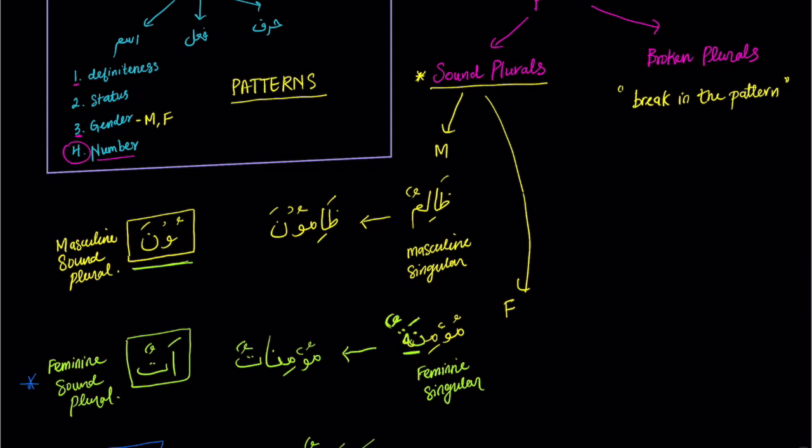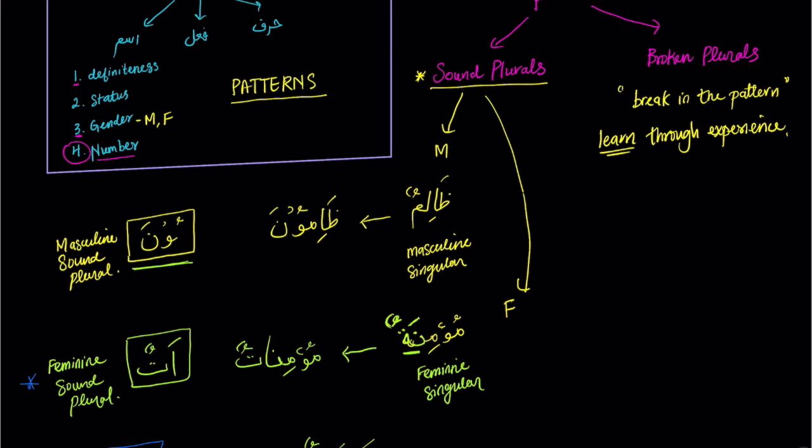In broken plurals, there's no specific pattern. Rather, you learn broken plurals through experience. There's not really any way to just learn it as a beginner. It's kind of just as you read and you're exposed more to these broken plurals, you'll learn it that way. So it's really important when you're learning vocabulary to learn the plural along with it.